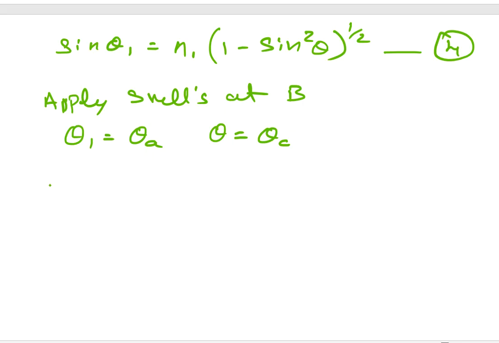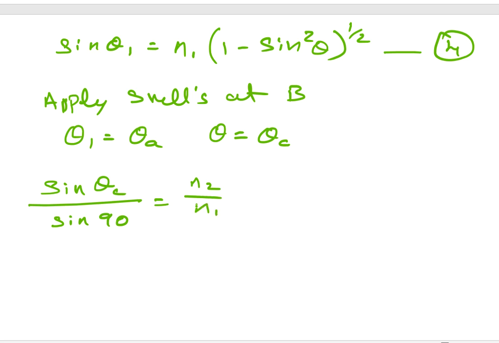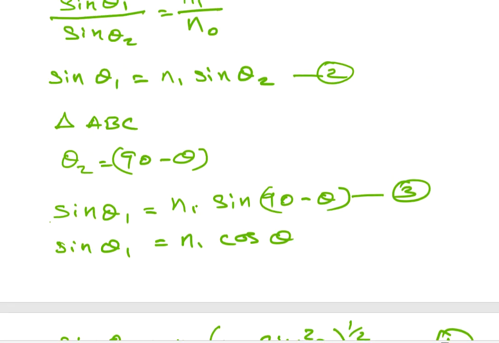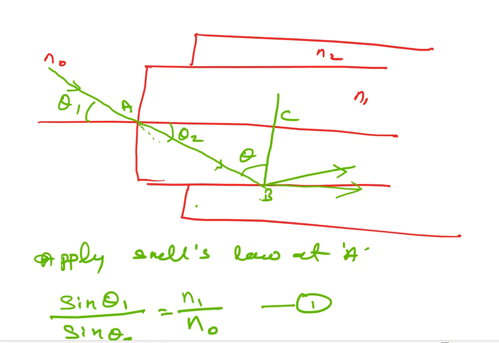So here sin theta C by sin 90 degree equal to n2 by n1. Again, I am showing you. We are applying Snell's law at a condition that it is equal to critical angle. So the first medium is n1, second medium is n2.